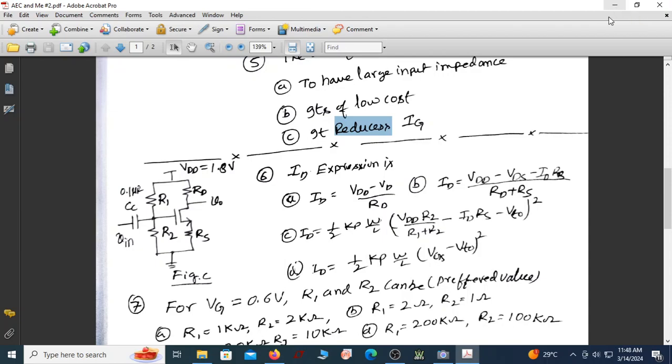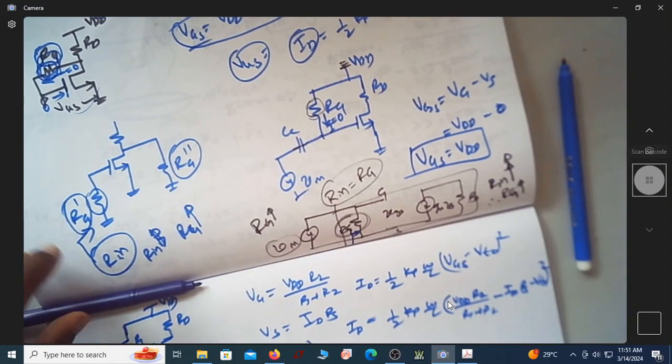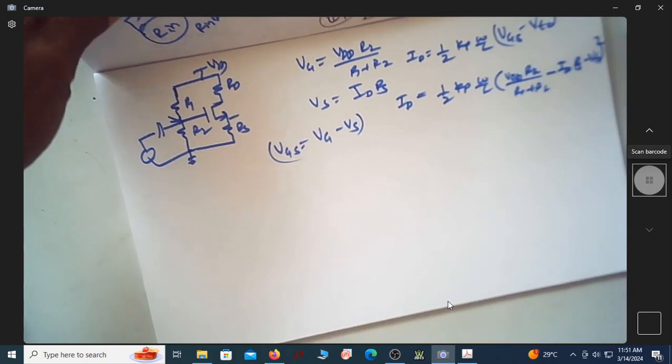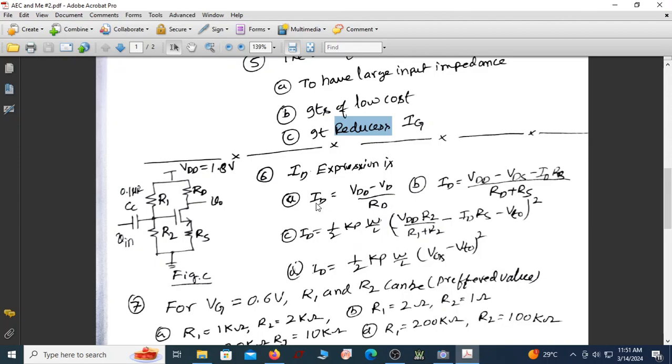Let us see what is the expression for this ID here.